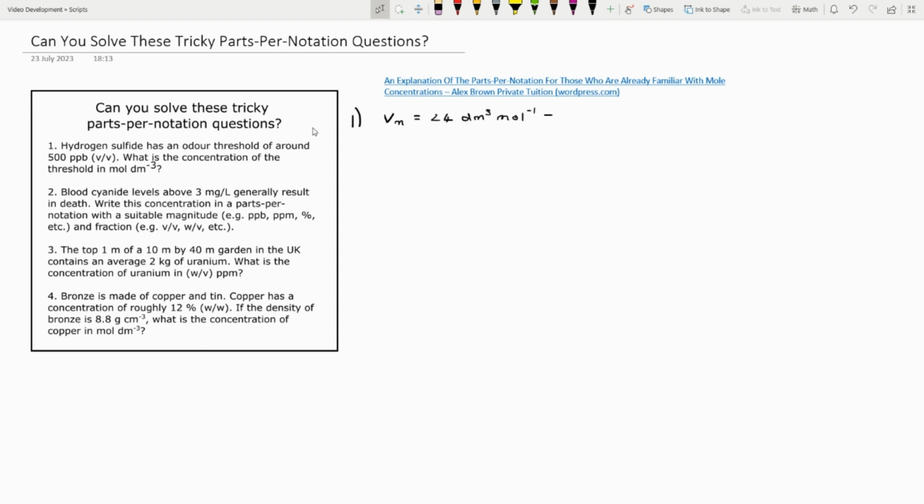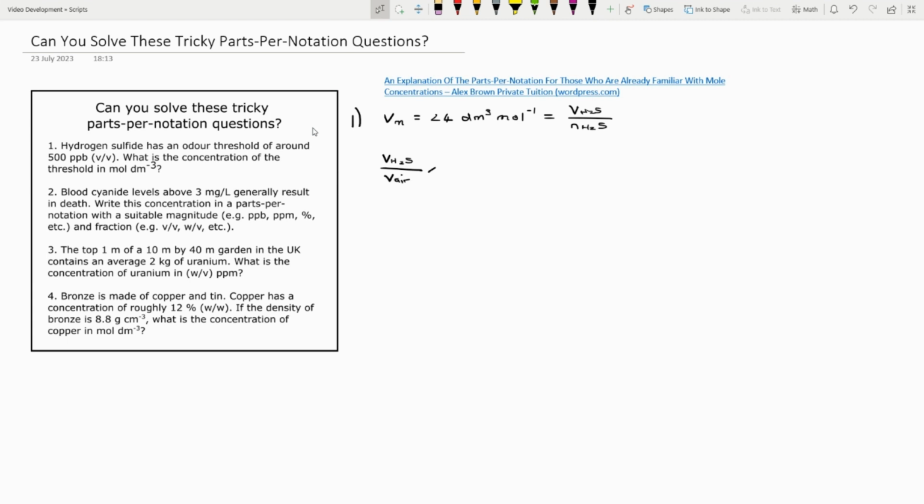And we can write this as the volume of hydrogen sulfide divided by the moles of hydrogen sulfide. Now, the next thing we need, which can be found in my blog, is the equation for parts per billion in V over V. For hydrogen sulfide, it is the volume of hydrogen sulfide divided by the volume of air, because the hydrogen sulfide in this case will be dissolved in the air.